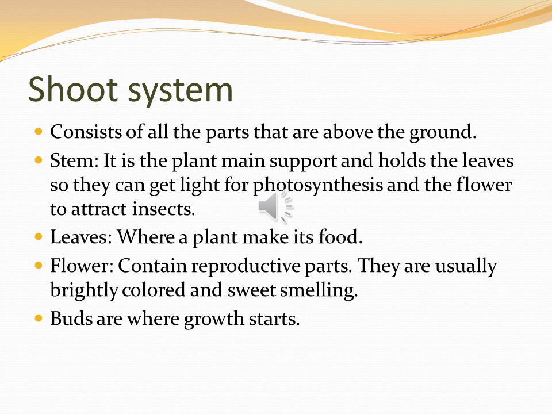Flower contains reproductive parts and is responsible for reproduction in plants. They are usually brightly colored and sweet smelling to attract the insects. Buds are small outgrowths and responsible for the growth of different plant parts.